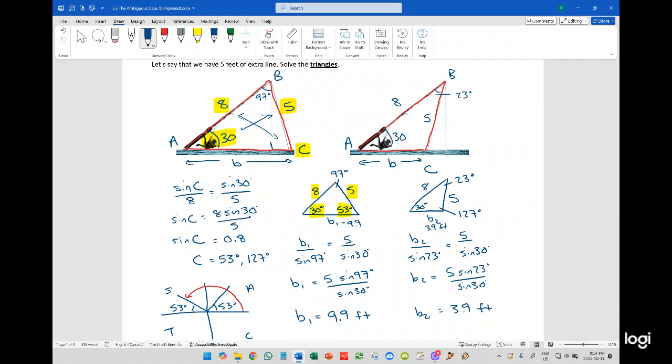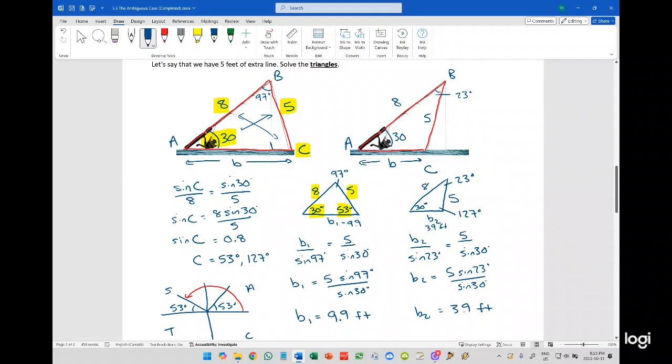So in this case, both of the triangles are identically described as an 8-foot fishing rod, 30 degrees above the horizontal, with 5 feet of line out. What's the triangle? And the answer is there's actually 2 triangles that meet that criteria. All right, so that was case 3.